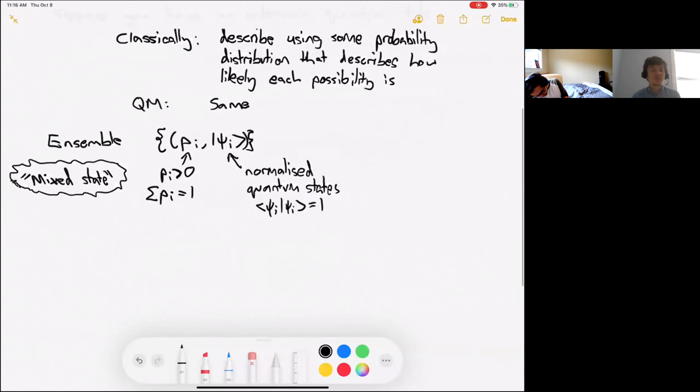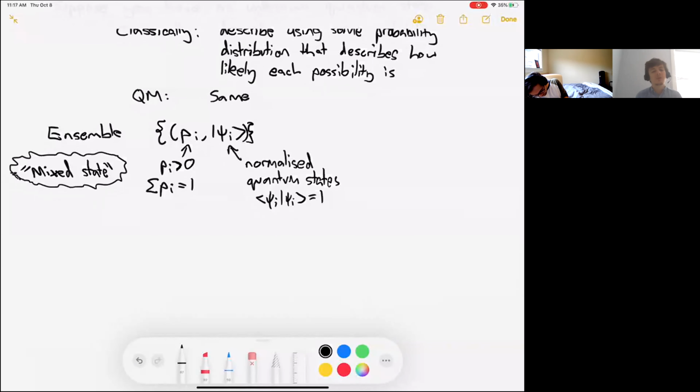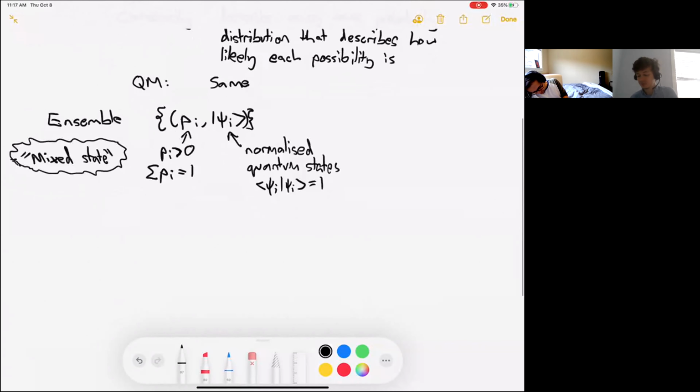So now we can imagine we have the state where we don't know what it is, but we know the probability distribution for what it is. And we can do some measurement of the state.